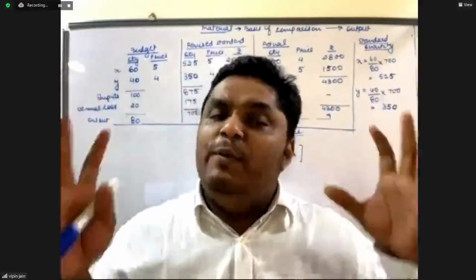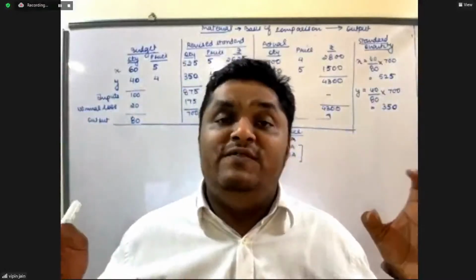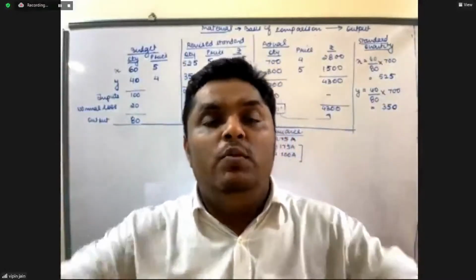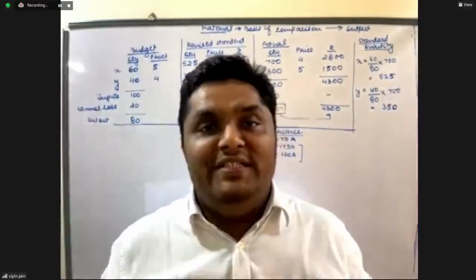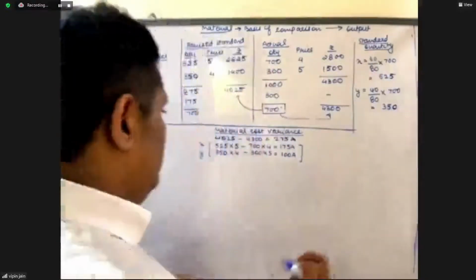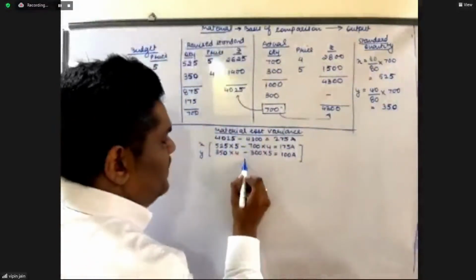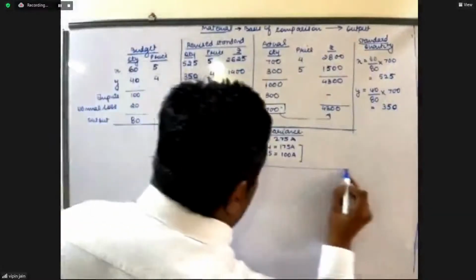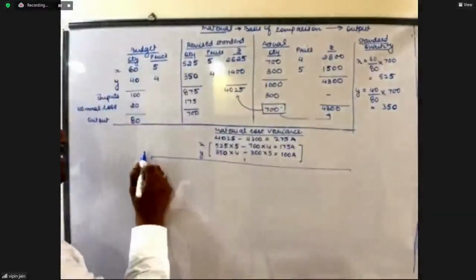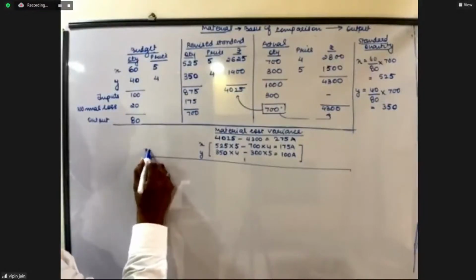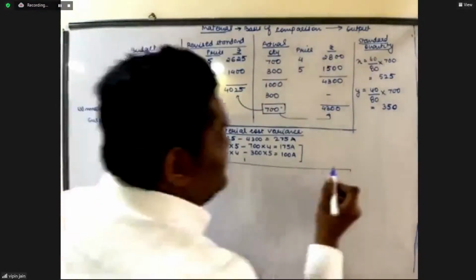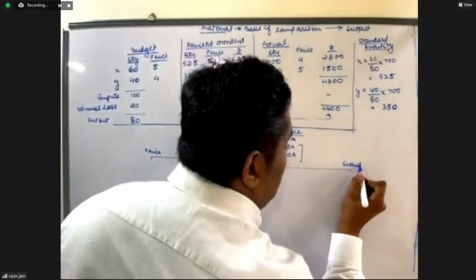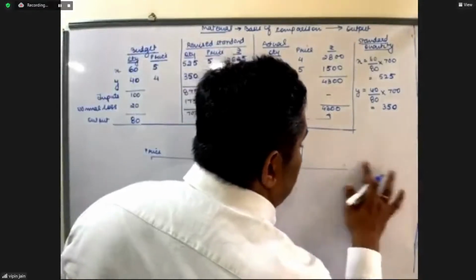Two factors are responsible for this material cost variance. First thing is the quantity consumed, and second thing is the price part. The first is what we call the price, and the second is what we call the usage.